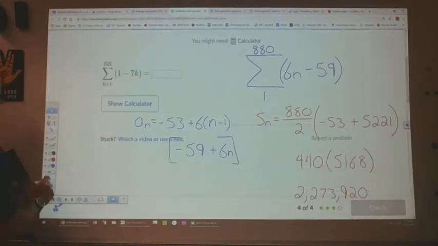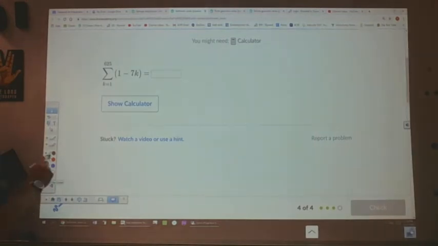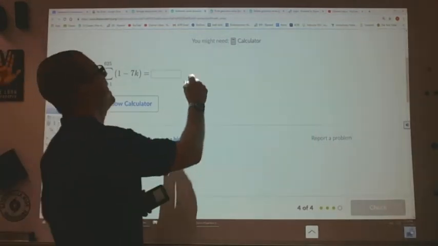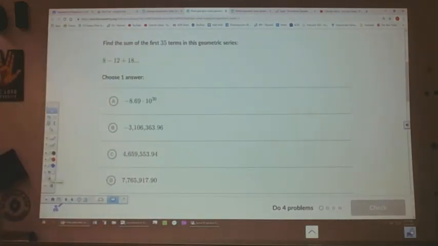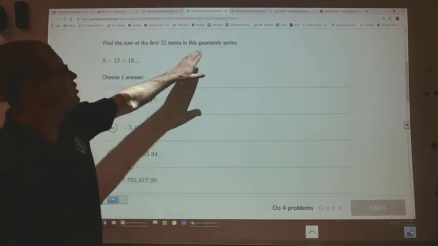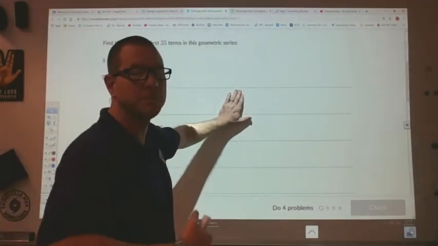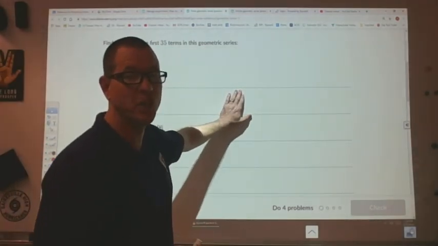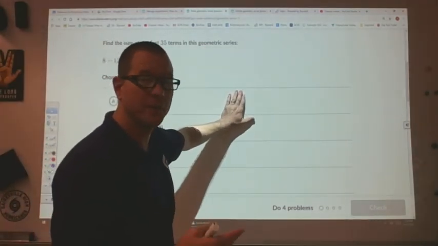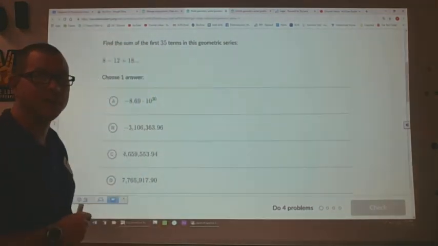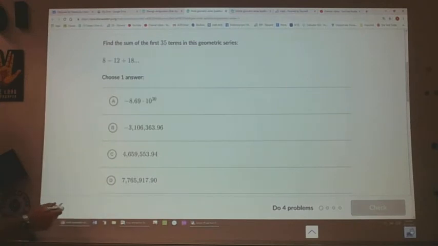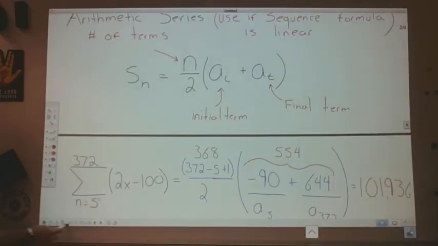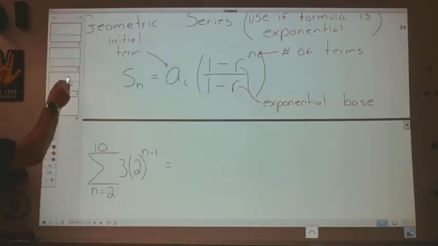We're going to go ahead now. What if it's not arithmetic? What if instead it's geometric, which means it has a multiplying pattern? Well, then we can't use the arithmetic formula anymore, but we can use the geometric formula, which is just as good.